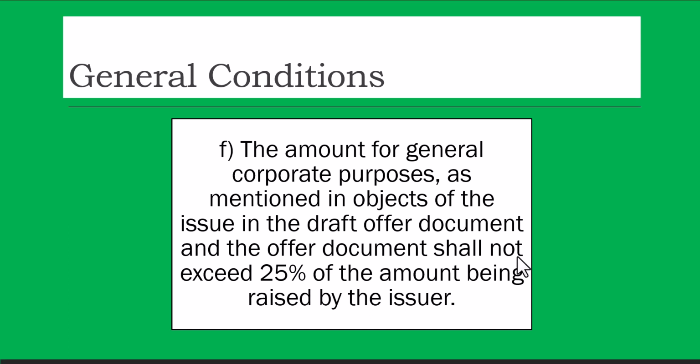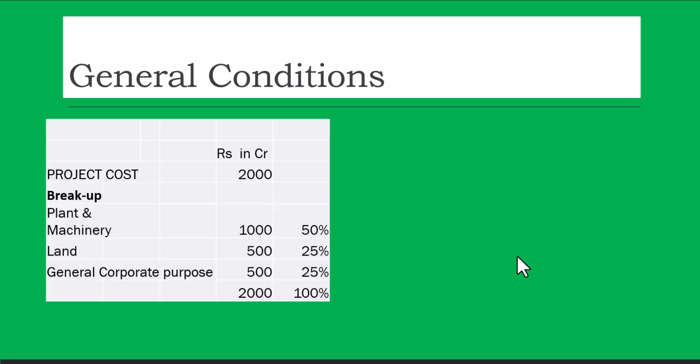When the company issues a draft offer document, it becomes a prospectus, and then an offer document when it becomes a complete prospectus, when SEBI gives the nod. So, let's take an example.